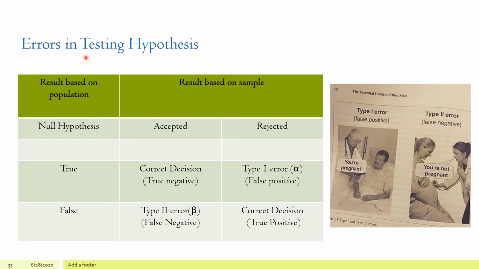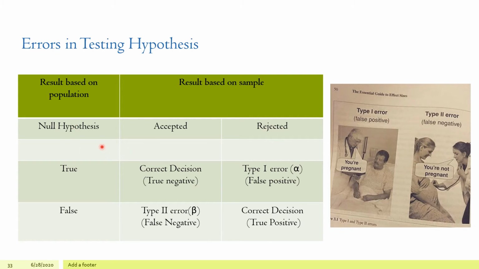Coming to errors in testing hypothesis. Results based on the population, that is the null hypothesis. Results based on the sample, whether you are going to accept or reject. If the null hypothesis is true and you have accepted, that is a correct decision, a true negative.